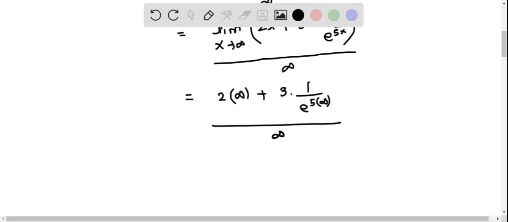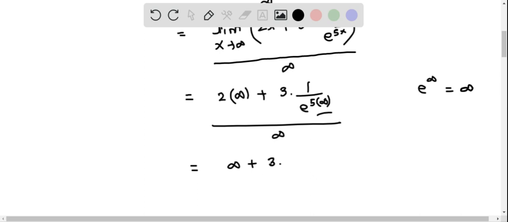2 times infinity is a large number, so let's say it is infinity. And 3 divided by this expression, e raised to the power of 5 times infinity, is a large number, so we put this as infinity, because when x approaches infinity, the exponential function approaches infinity.